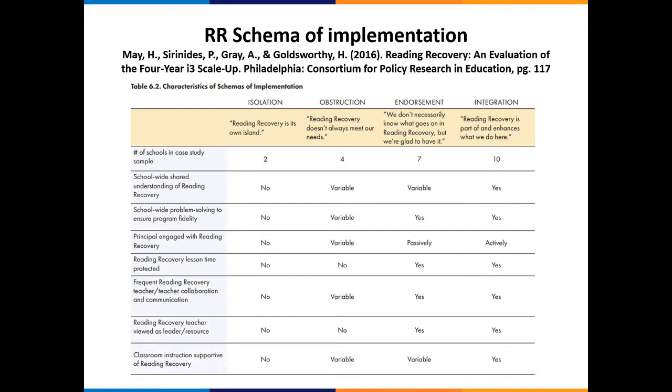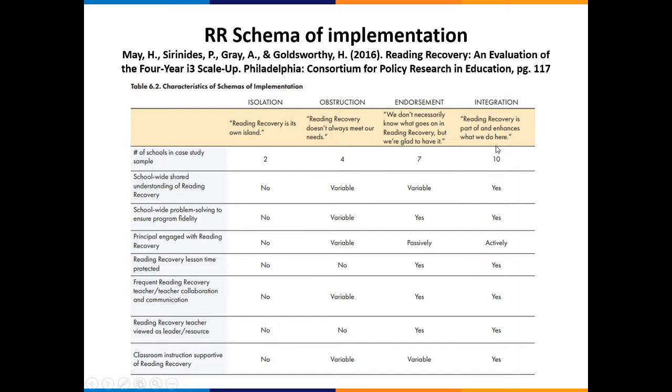Then depending on how schools fall into these different categories, they place the schools into what they call different schemas of implementation. Starting all the way over on the left, you have the isolation schema of implementation, where Reading Recovery is its own island, operating by itself and not really integrated into the school.